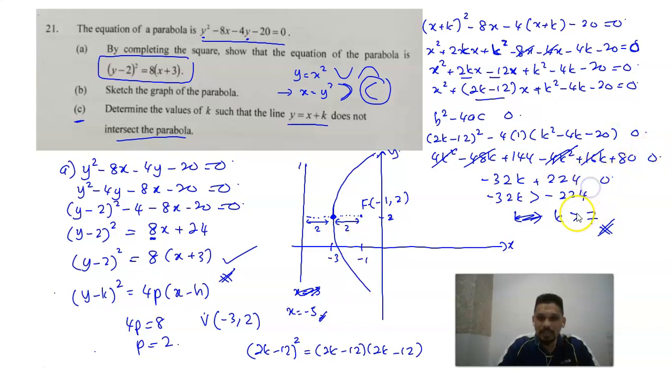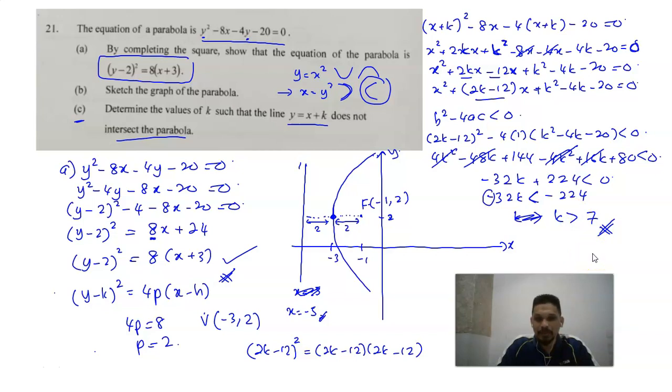I'm sorry for this, it's a careless mistake. It should be less than 0. So any value divided by a negative value, negative 224 divided by negative 32, the sign of less than changes to greater than.